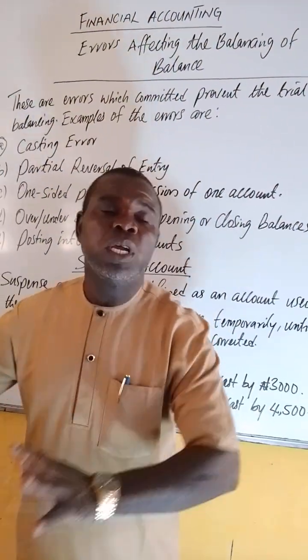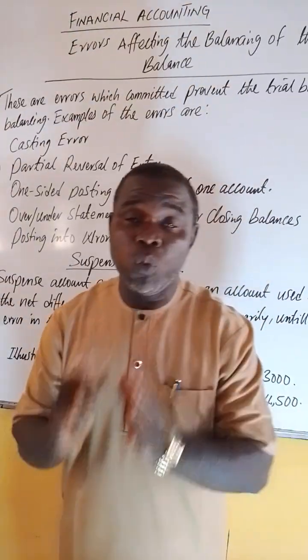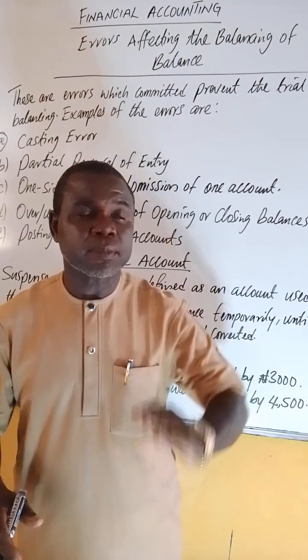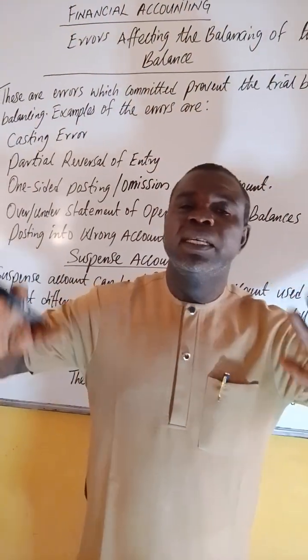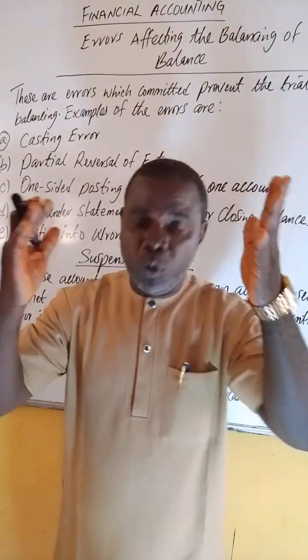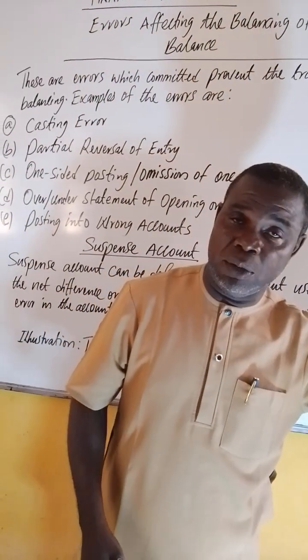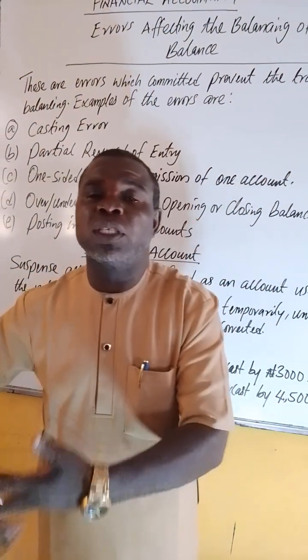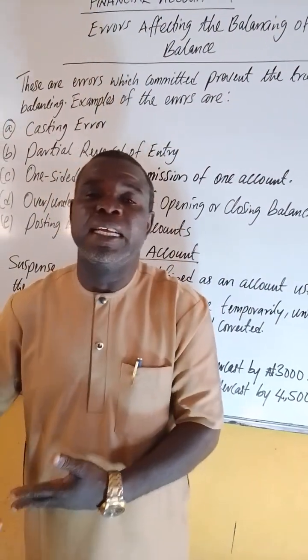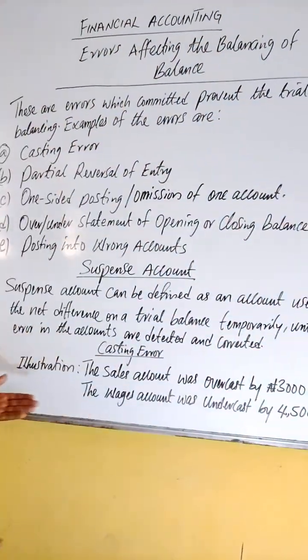So before you handle errors affecting the trial balance, you must understand what a suspense account is, meaning the difference that the trial balance shows when balancing it is transferred to an account called a suspense account, pending when the errors are investigated and detected for correction. Let's look at the definition.